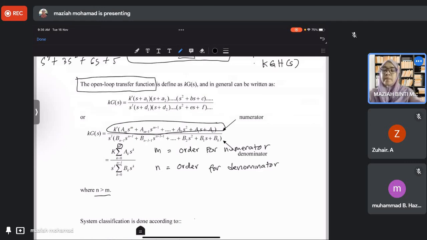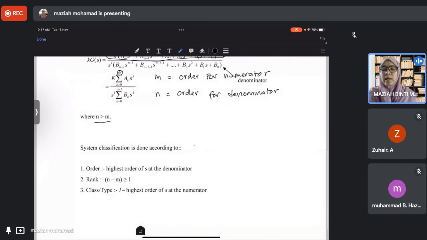Now we're going to do the classification. We already have the open loop transfer function. The classification will be done based on order, based on rank, and based on class or type. For the order, we find the highest order of S at the denominator.